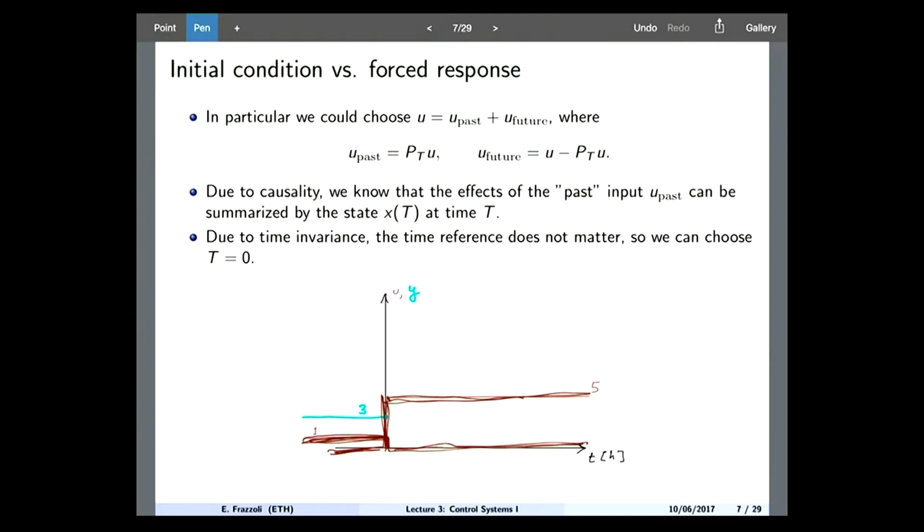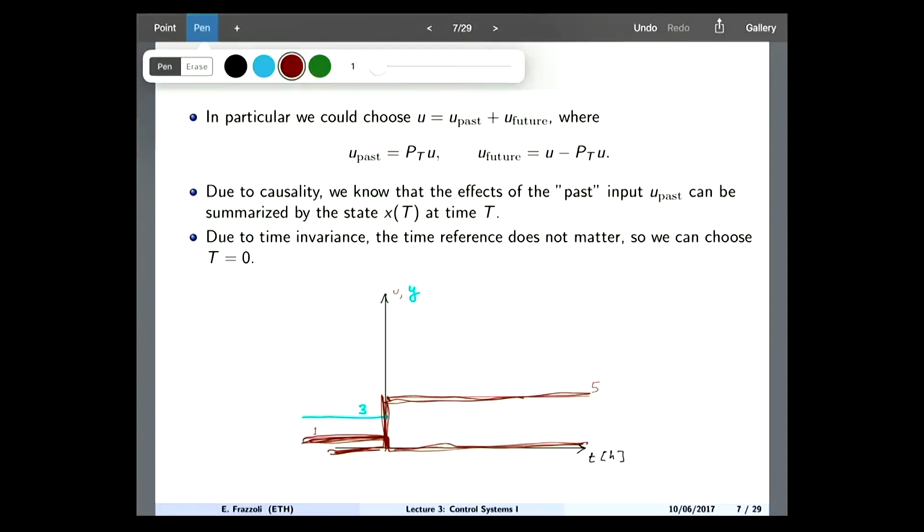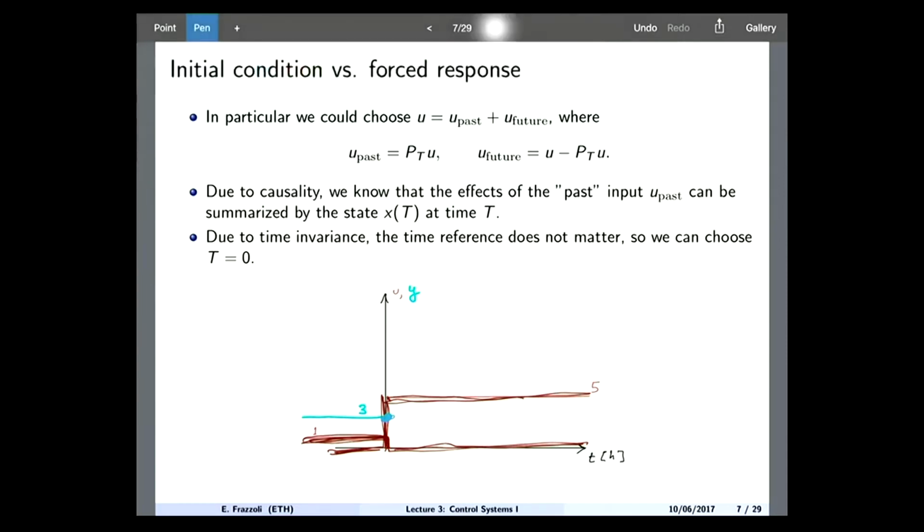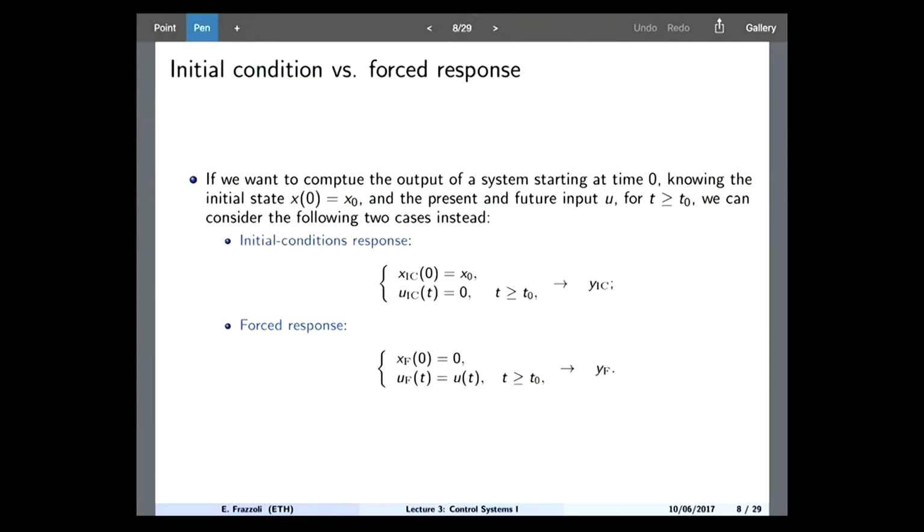Knowledge of the state at this point in time, 3 degrees, is all I need to know about the past in order to predict the future. Questions? Okay, so in a sense, what I can say now is that I can do my divide and conquer.